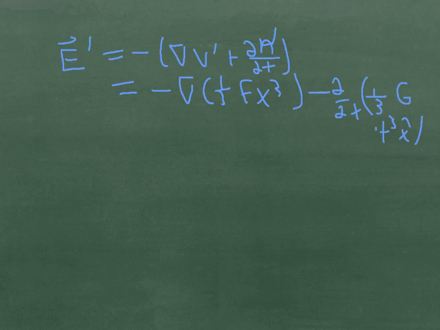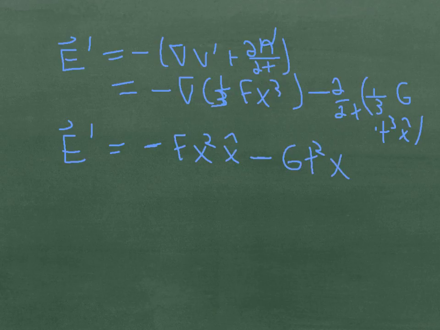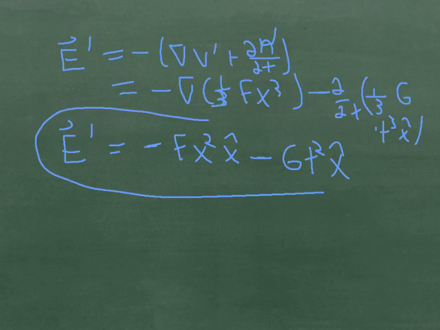Sorry, I ran out of room there. That's a 1/3 there if you couldn't tell. So we do that. E prime is equal to minus f x squared x hat minus g t squared x hat. And I'll just say that that's equal to the E we found on the previous slide, and since I've gone past it, you can't look back to check, so we'll just pretend that that worked.